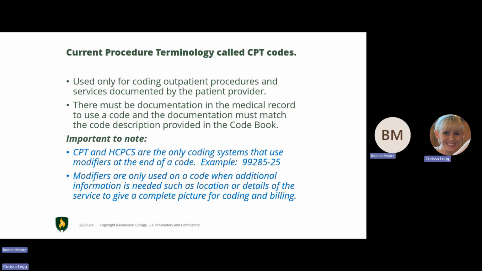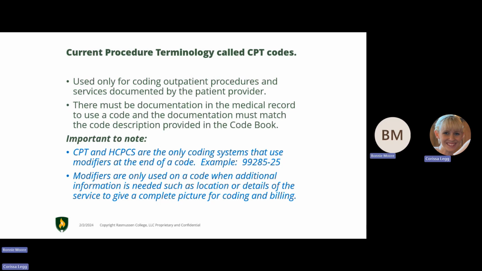I did want to make this note to you. CPT and what's called HCPCS are the only coding systems that use modifiers at the end of a code. And I'm going to explain to you HCPCS, because that's a minor coding system. It's not one of the top 3 main ones.